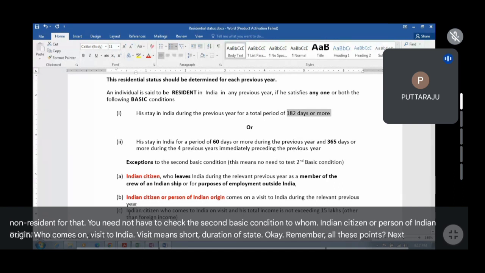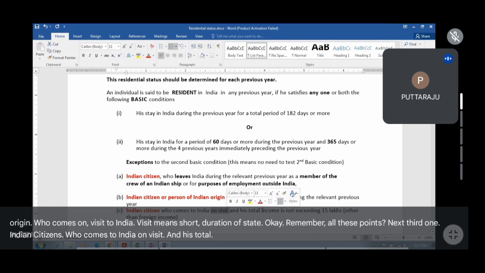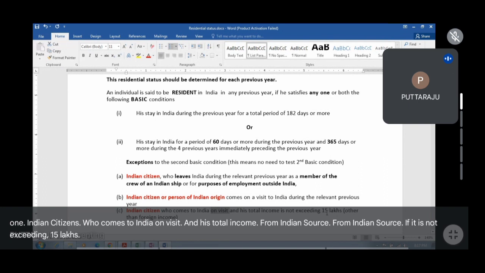Okay? Remember all these points. Next, third one. Indian citizen who comes to India on a visit and his total income from Indian source, if it is not exceeding 15 lakhs, then you need not test the second basic condition.